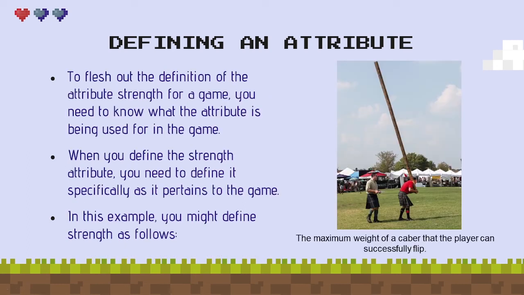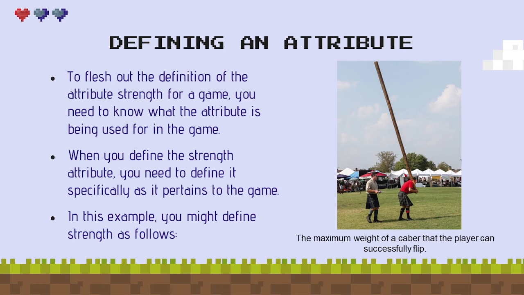So in here, to flesh out the definition of the strength attribute for a game, you need to know what attribute is being used in a game. So halimbawa, yung game mo will be katulad nito, you're lifting a caber. Yung caber na to is basically troso. Yan, troso, okay? So how you're going to use yung strength pagdating doon sa game na dinidesign mo?